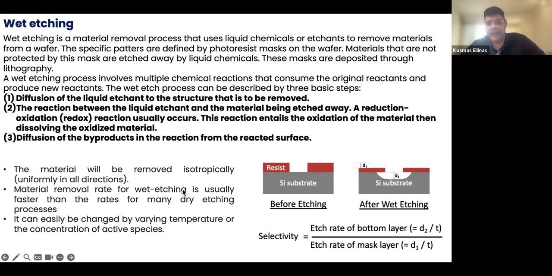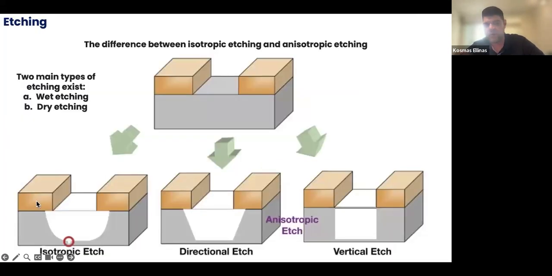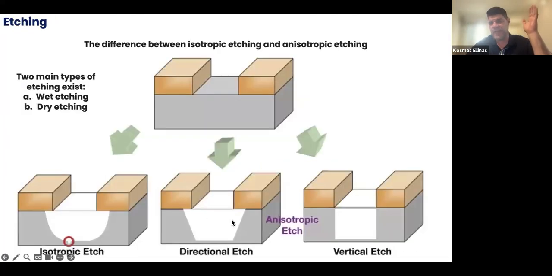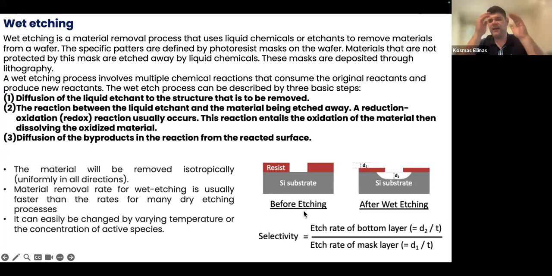So material removal for wet etching is usually much faster than the dry techniques we'll talk about later. And usually it creates isotropic shapes, or some, as we showed before, directional, anisotropic etching.